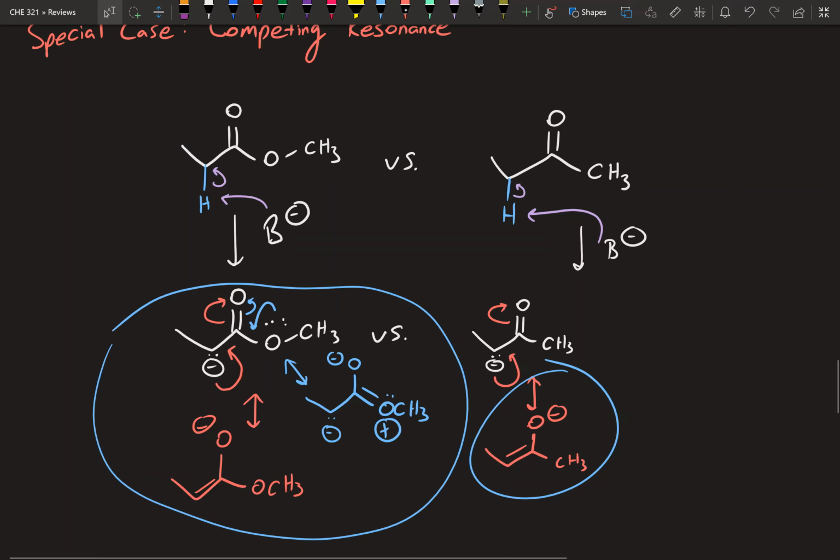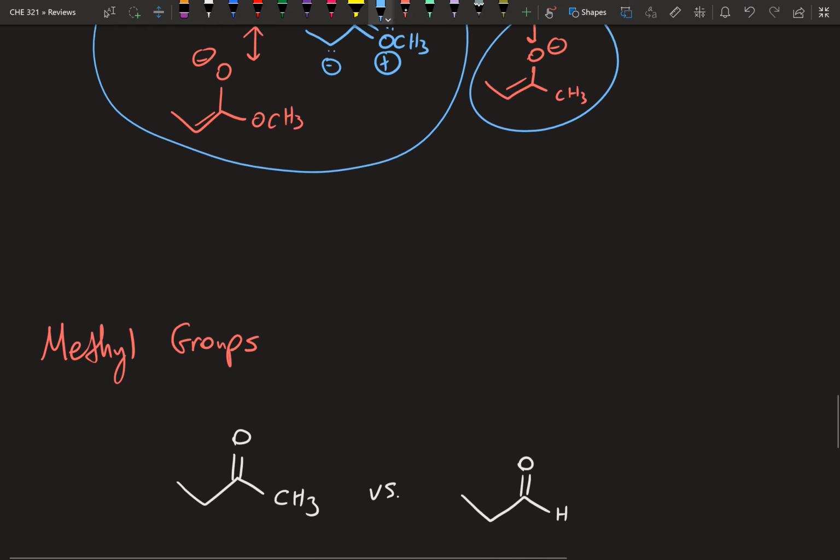So that's why the conjugate base on the right-hand side is going to be more stable than the conjugate base on the left-hand side. And so if we're talking about which one is more acidic, it's going to be the structure on the right-hand side, because its conjugate base is more stable, and therefore the original acid is going to be more acidic.